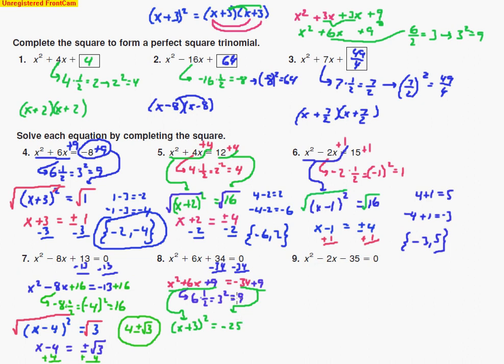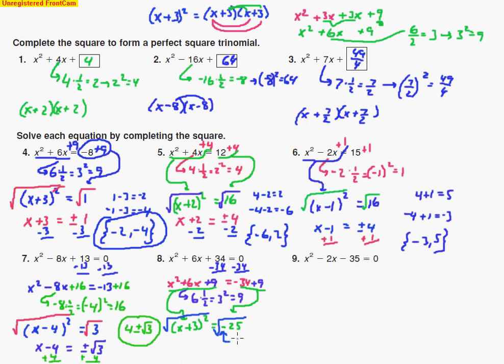Well, we're going to have a problem with this problem, and the reason is because it equals a negative. See, if you take the square root of both sides, we could take the square root of this first term here, but we can't take the square root of this one and get real roots. So this does have answers, but we learn about those in the next algebra class. But for this class, what we say is that this does not have solutions.